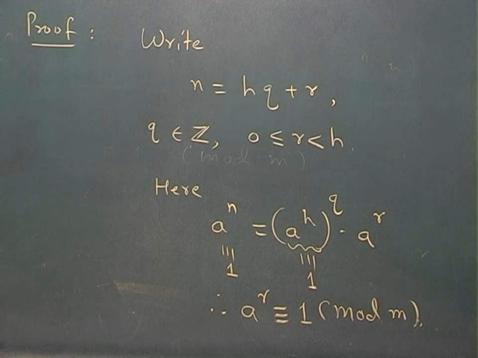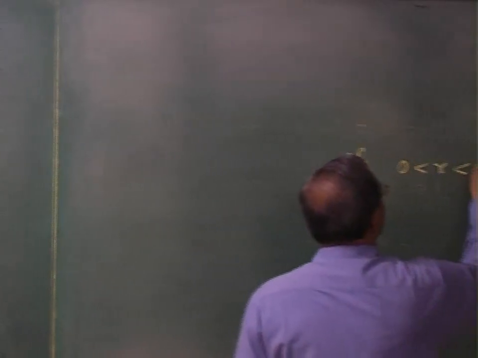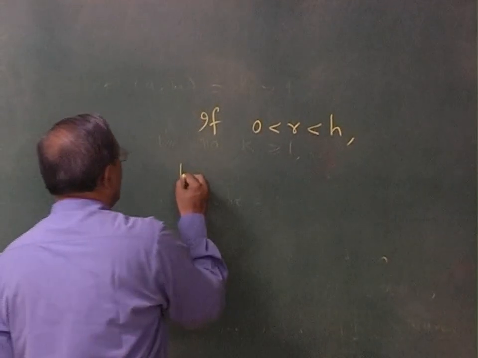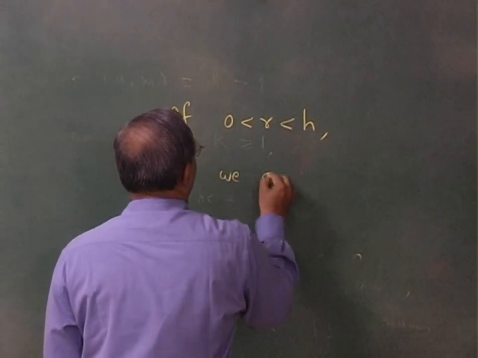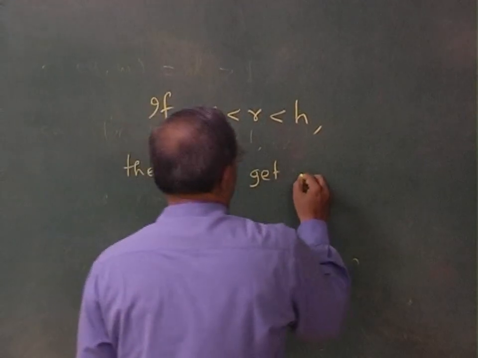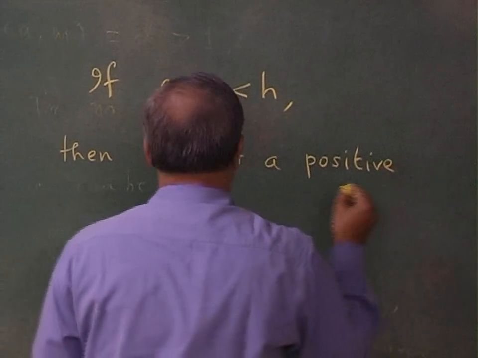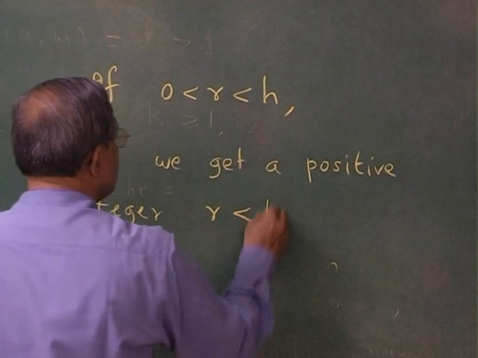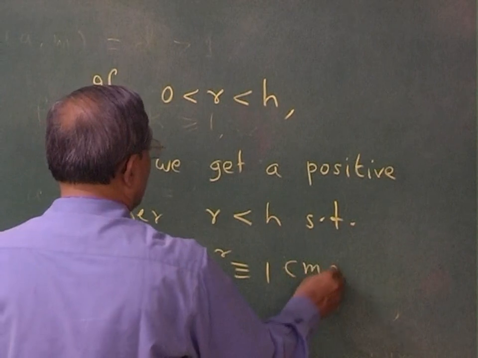Now if 0 less than r less than h, then we get a positive integer r less than h such that A raised to r is congruent to 1 mod m.